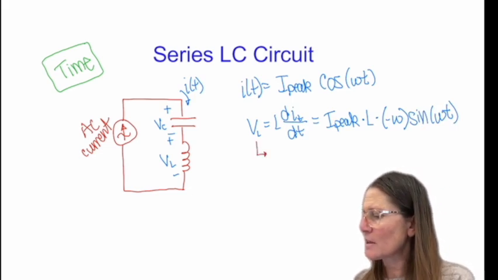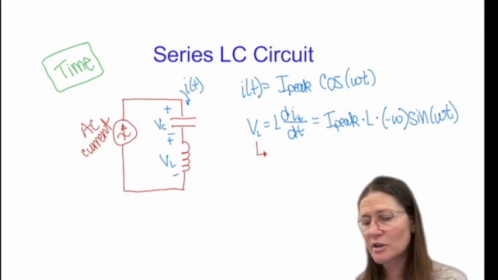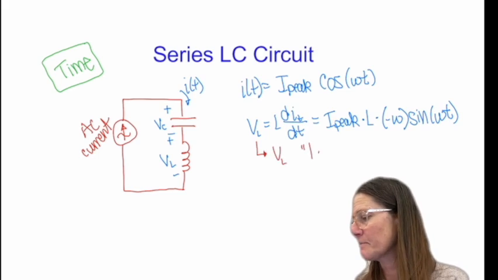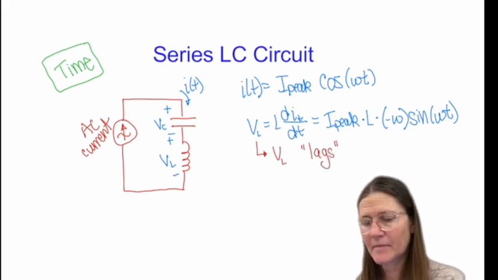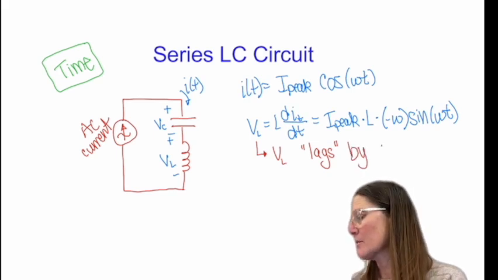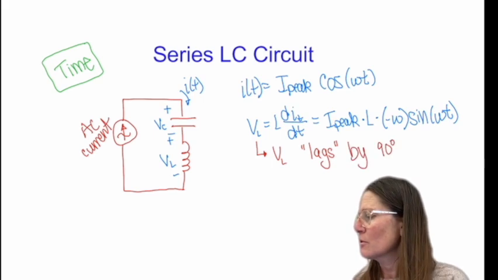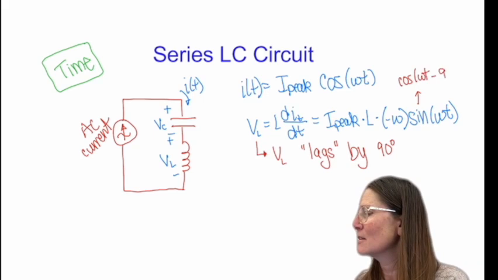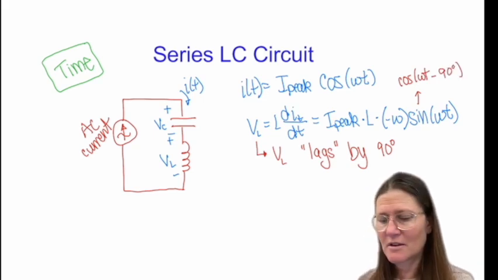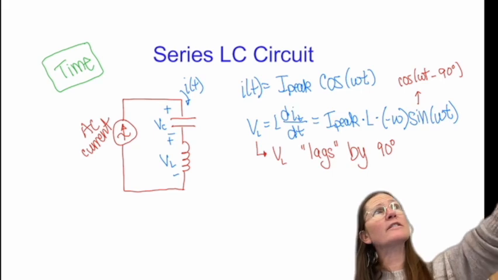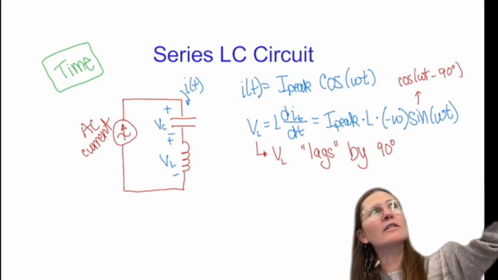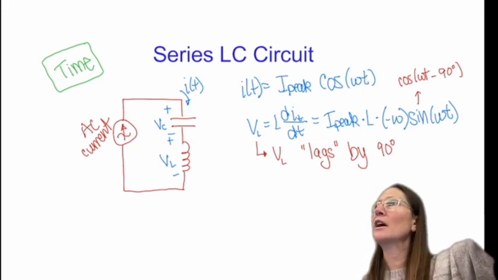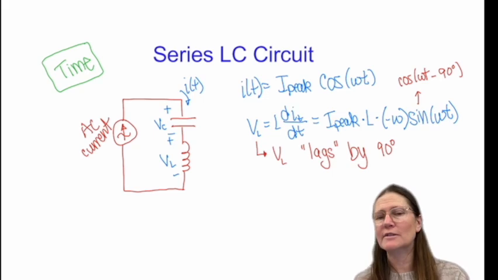Now we can say that the voltage on the inductor lags by 90 degrees. So anybody remember the property of cosine to sine? Does that look familiar? We compare the cosines and we say, oh yeah, the voltage at the inductor is a sine now instead of a cosine, so it lags by minus 90 degrees.